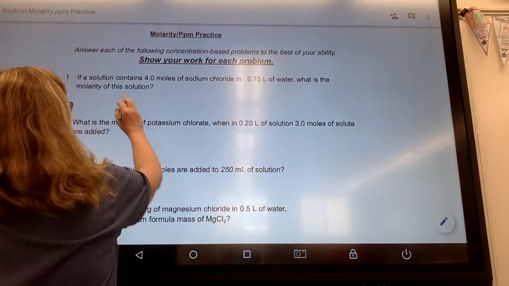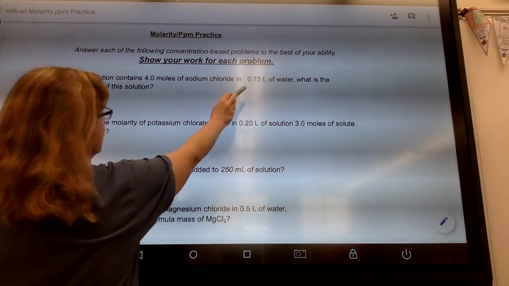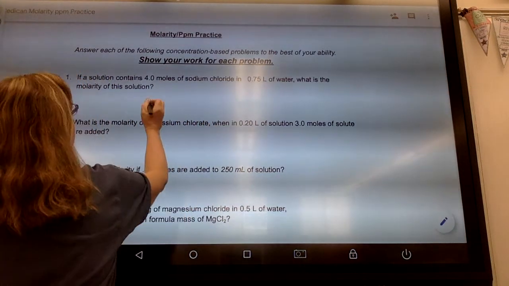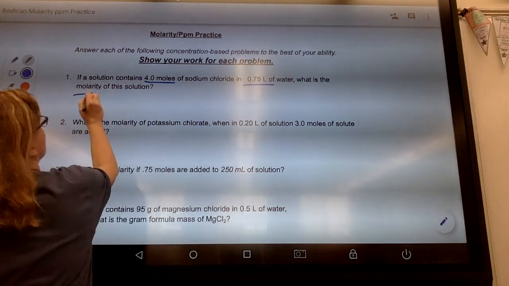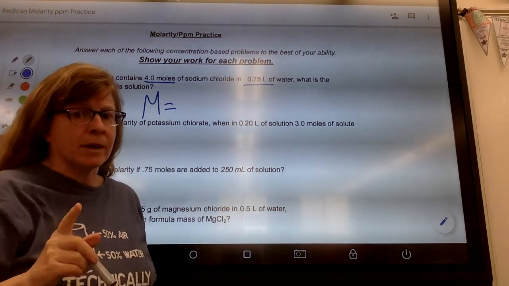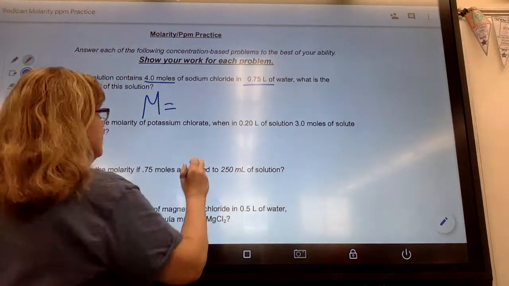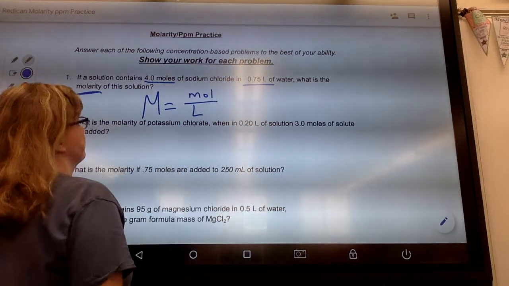Okay. So if a solution contains 4 moles of sodium chloride in 0.7 liters of water, we have 4 moles, 0.7 liters, and we're looking for molarity. The molarity formula, not the mole formula, is moles of solute per liter.